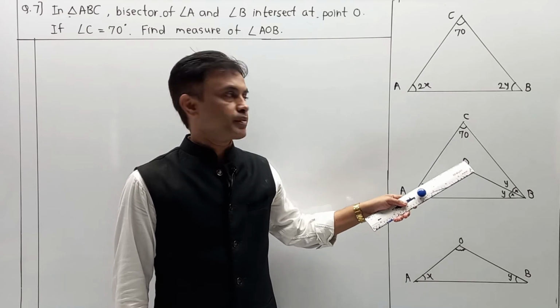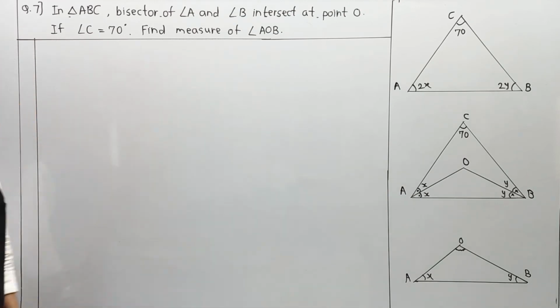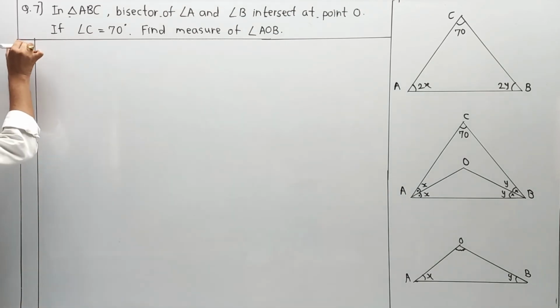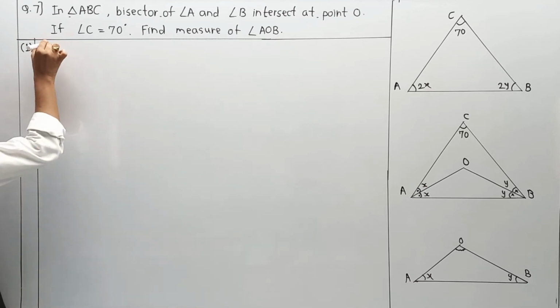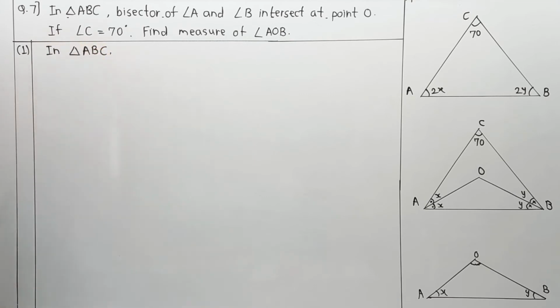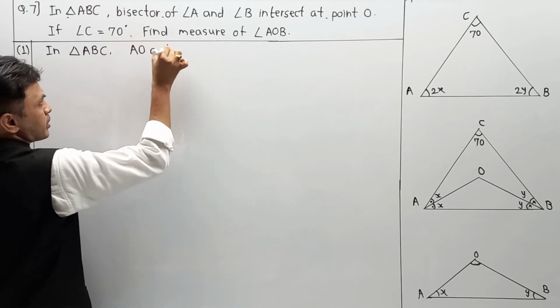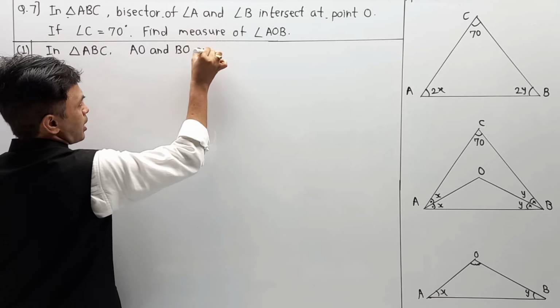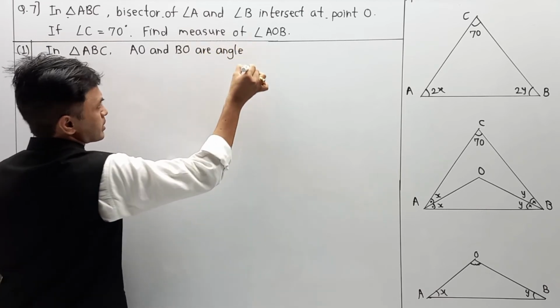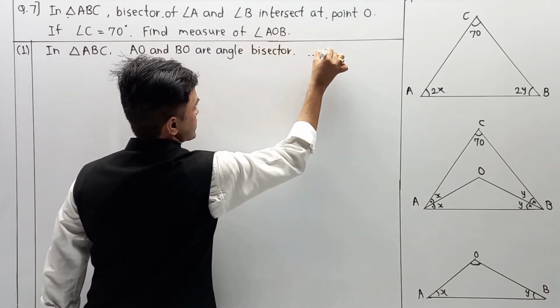Now as per the description, we are going to write the values in terms of the angle bisectors in terms of x and y, and the declaration is here one by one. First, in triangle ABC, AO and BO are angle bisectors. They have given it, so I am going to write it as given.